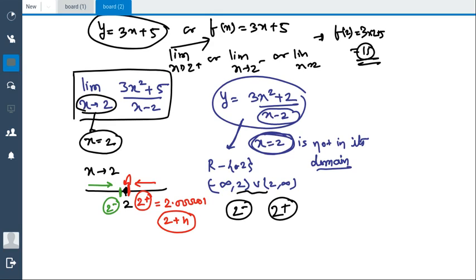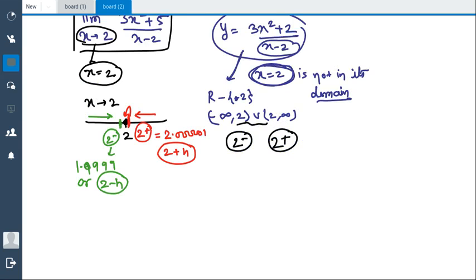So basically, if we want to tell the address of this black dot, then we can say that the left point of the red one is the black dot, or we can say that the right point of the green one is the black dot. So this 2 minus is something like 1.99999, or in other words, 2 minus h.